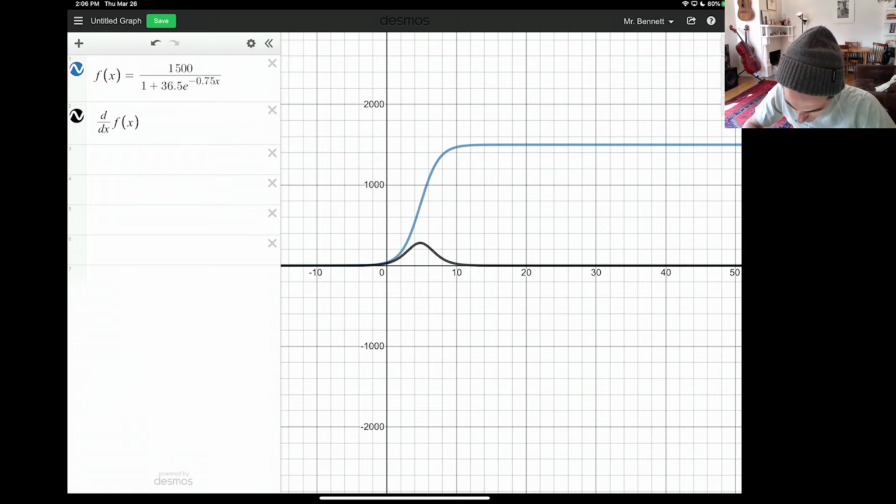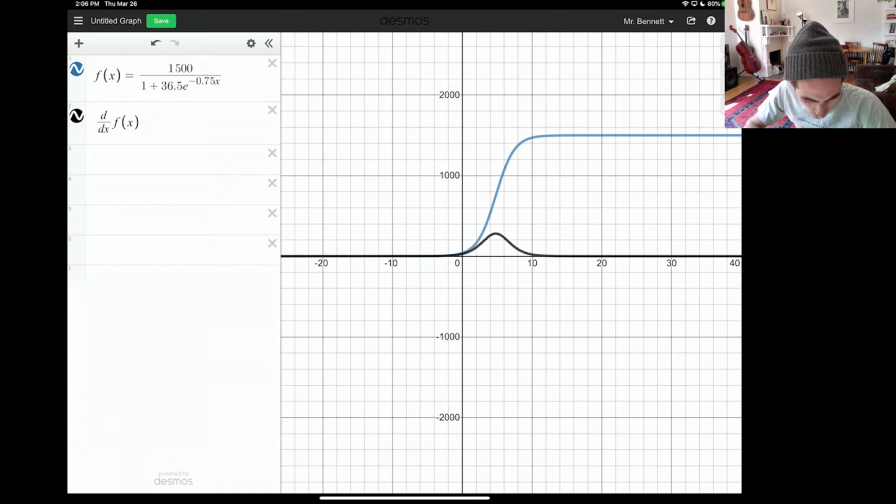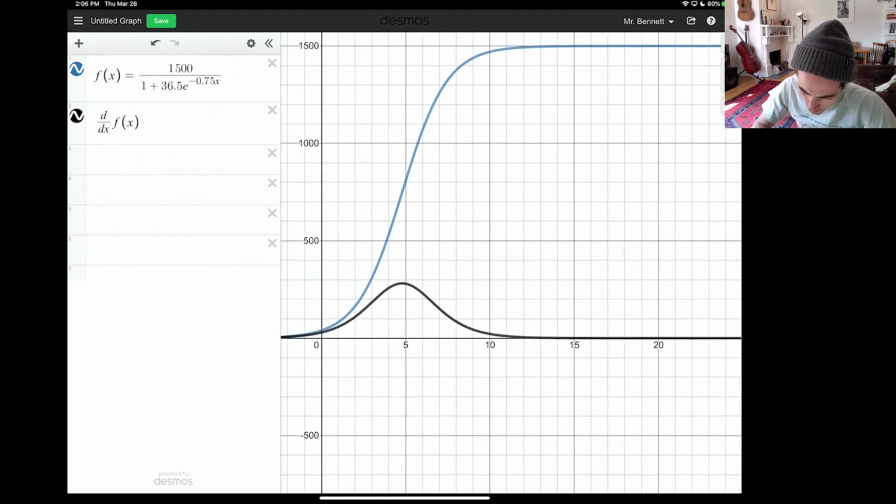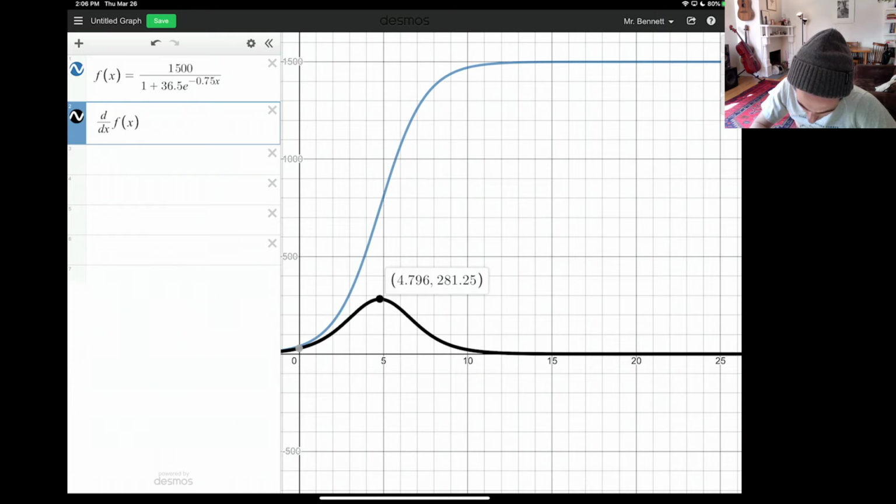Yeah, okay. So really all I wanted to do was just write what the derivative looks like. So you can see right here we've got a maximum.